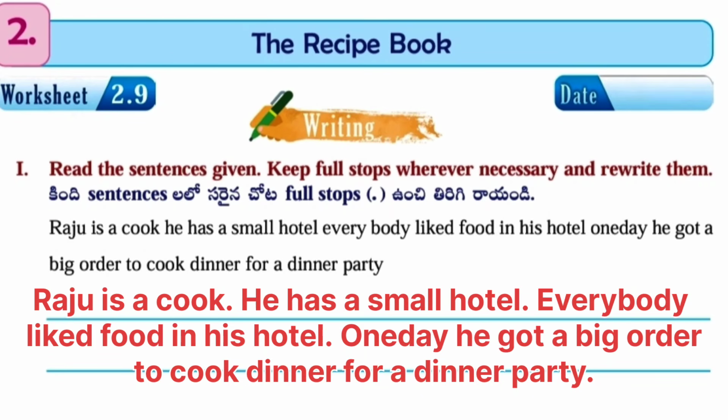Here we have to put full stops wherever necessary. Raju is a cook. He has a small hotel. Everybody liked food in his hotel. One day he got a big order to cook dinner for a dinner party. Like this we have to put full stops.